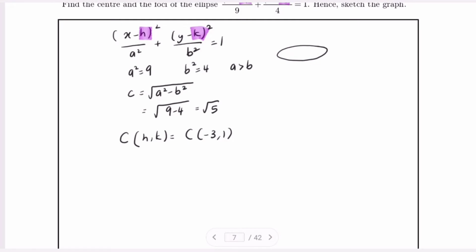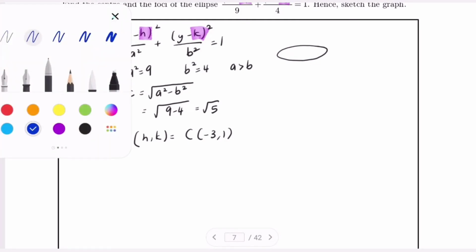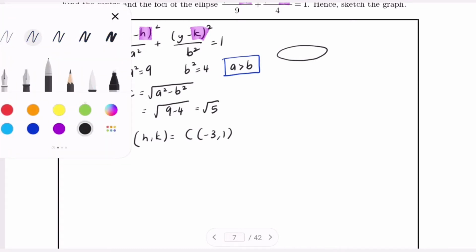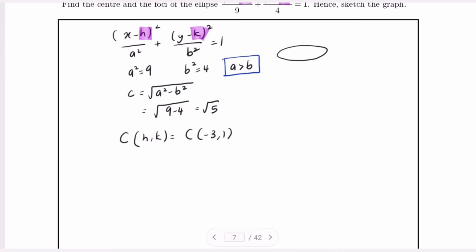If A is greater than B, we know that K will stay the same. So for the foci, it's going to be (H plus minus C, K).